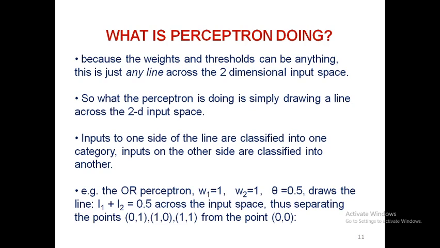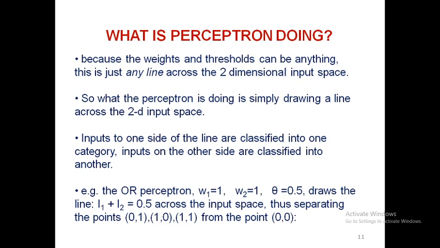The corresponding line for the inputs I1, I2 will be I1 into W1 plus I2 into W2 equal to the threshold value theta. In that case, W1 equal to W2 equal to 1 means I1 plus I2 is equal to 0.5. That is the line we need to draw across the input space.